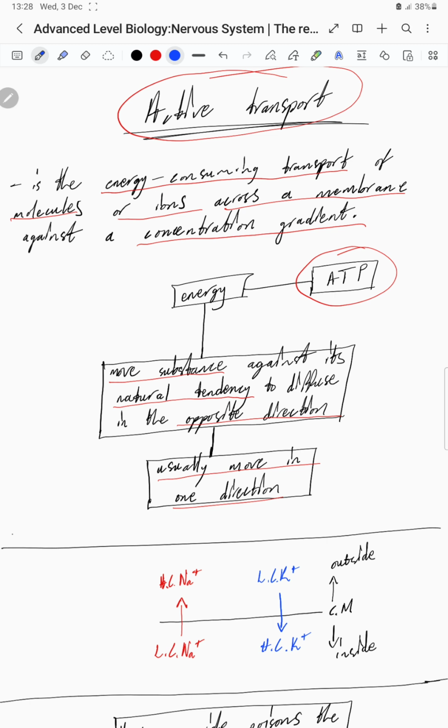So we have said that active transport is the one which maintains the resting potential.